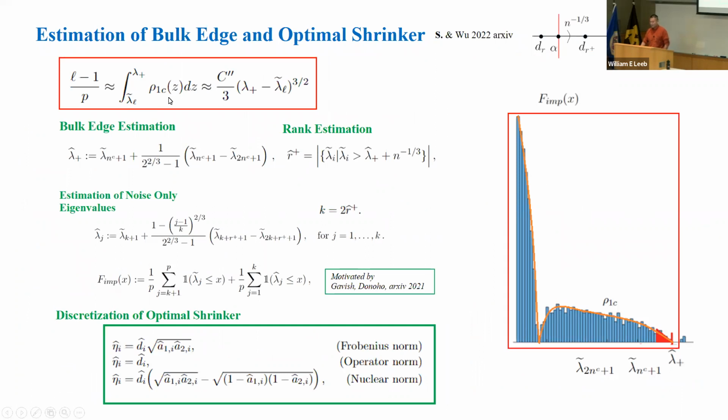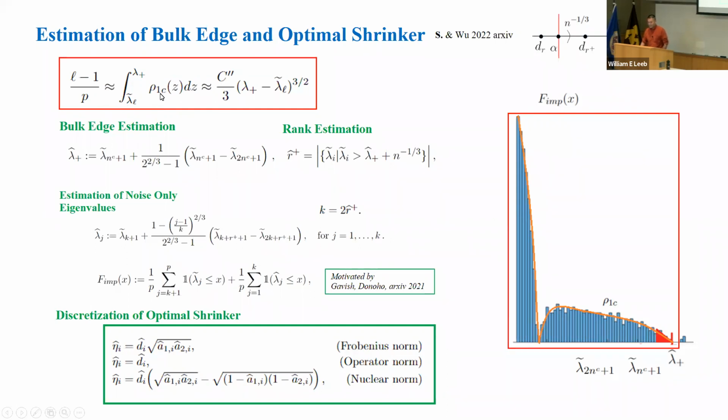We also know that around the bulk edge, rho 1c has a square root behavior. So we can apply this property to give an estimation of the optimal shrinker and decide the bulk edge. For example, we know rho 1c has a square root behavior. So from tilde lambda L, and from the eigenvalue sticking, we know the behavior of the eigenvalue here should be very similar to the noise-only singular values.